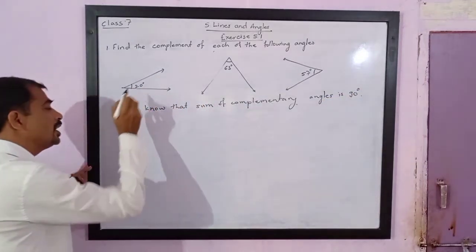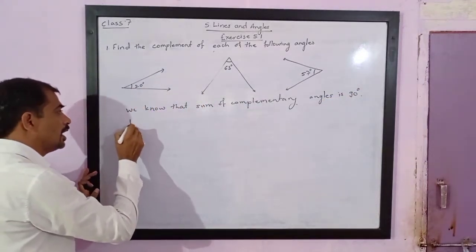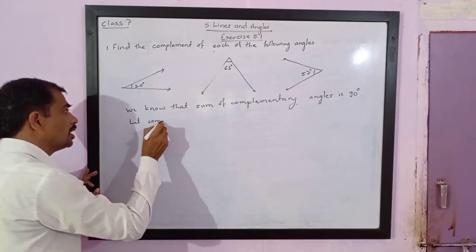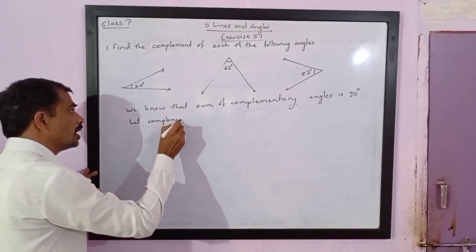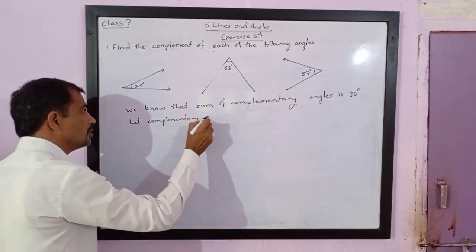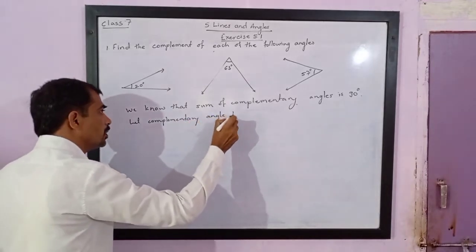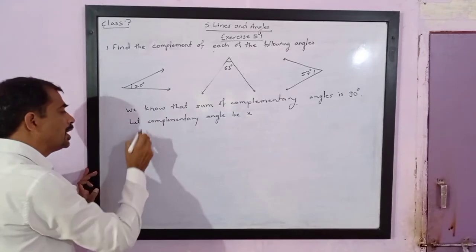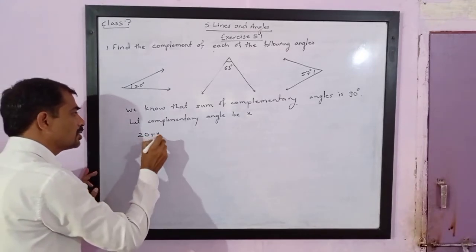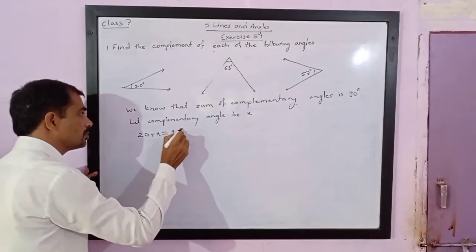So 20 plus x, let the complementary angle be x. So 20 plus x must be equal to 90 degrees.